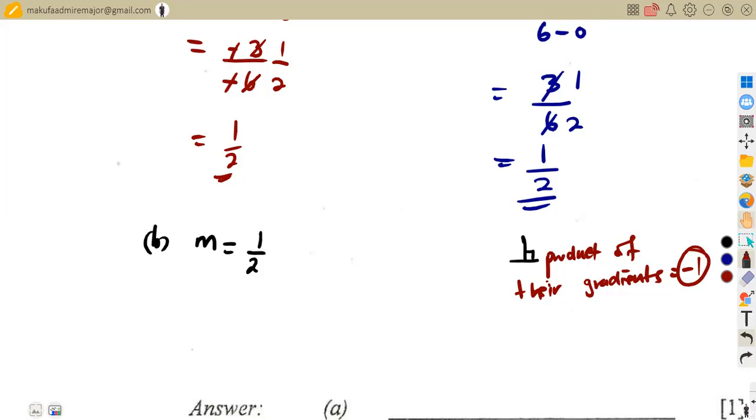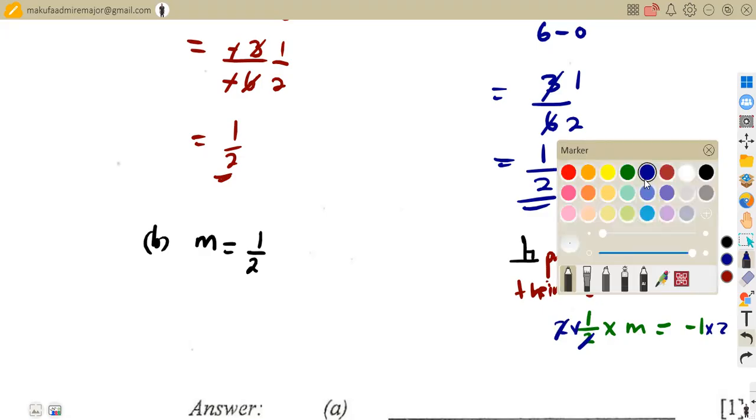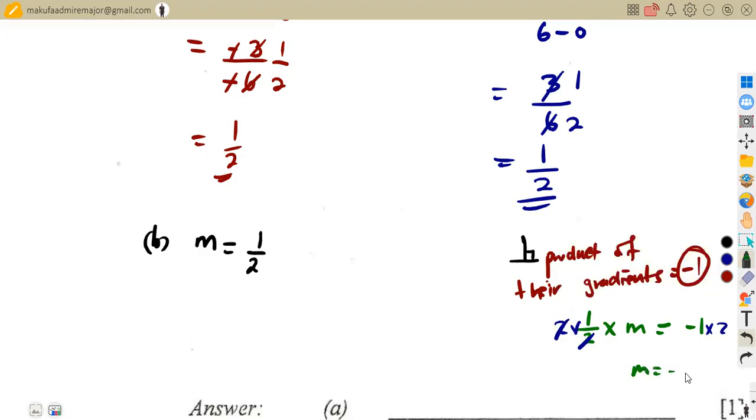Meaning if you are given that these two lines are perpendicular, I would say half times the gradient of the other line that I do not know is supposed to give me -1, because the product must give us -1. So how can I find the value of M? I can simply multiply here by 2, multiply here by 2. So I'm remaining with M. So M is going to be -2.